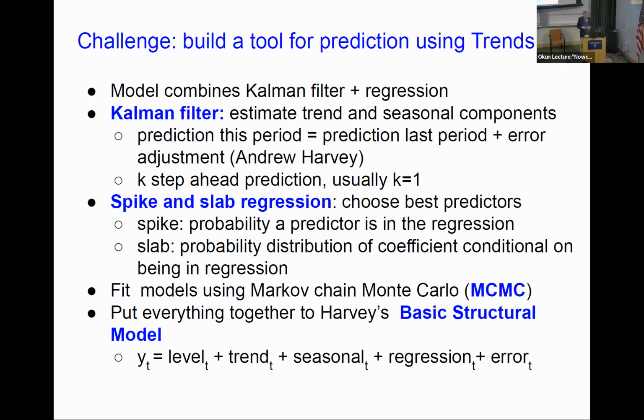And in the Kalman filter, basically, when you dig through what it's doing, if you have a prediction this period, then your forecast is the prediction last period plus an error adjustment. If you overestimated, you knock down the threshold a little bit. If you underestimated, you lift it up. And that's basically what the Kalman filter is doing.